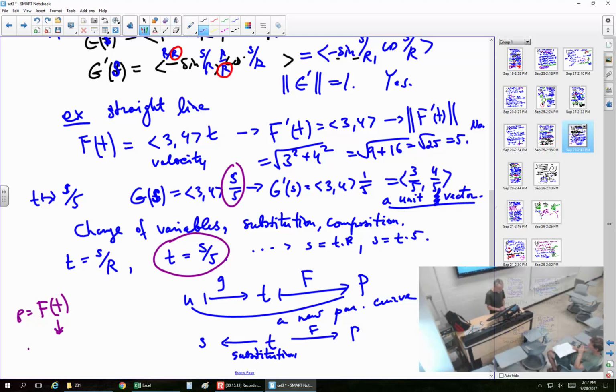We ended up with p is equal to f of, say, s over 5. That was the new parameterization of the same curve. The only thing to worry about is that we have to be careful about the meaning of the change of variable rather than general substitution.